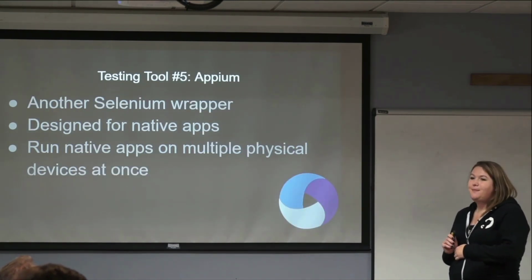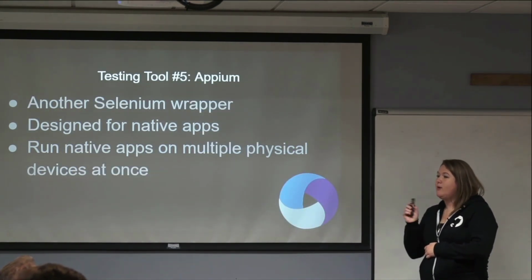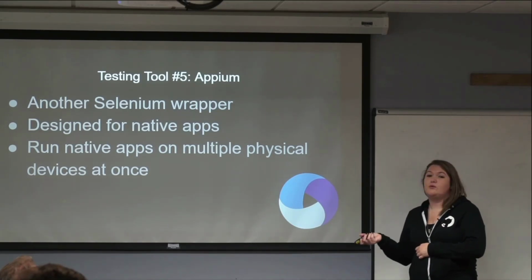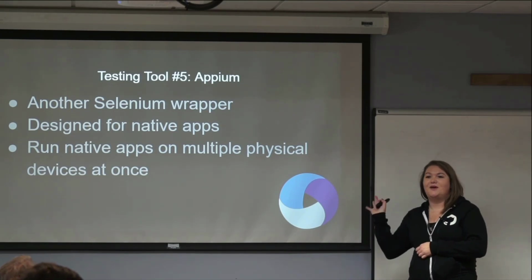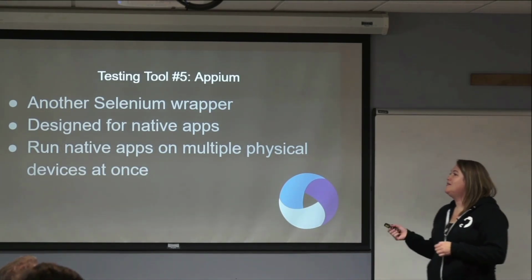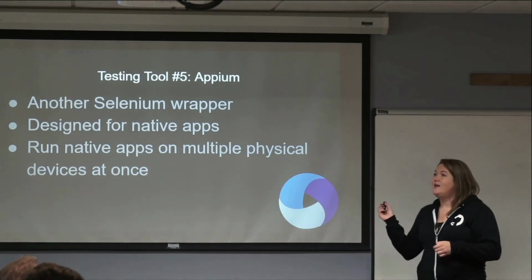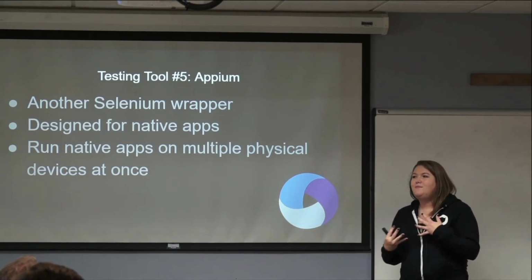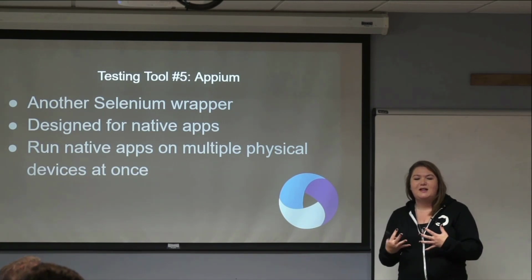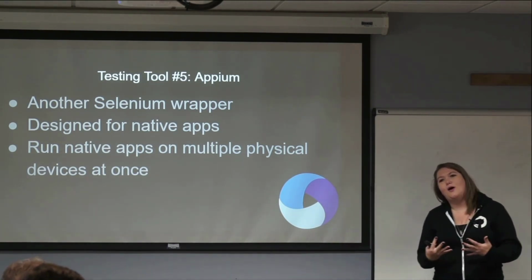Another testing tool is Appium. So Protractor was for web apps. Appium is specifically for native apps. Who here has ever used Appium? Okay, that's cool. So this allows you to run native apps on multiple physical devices at once. A lot of big companies such as Google or Amazon have things called a device wall.